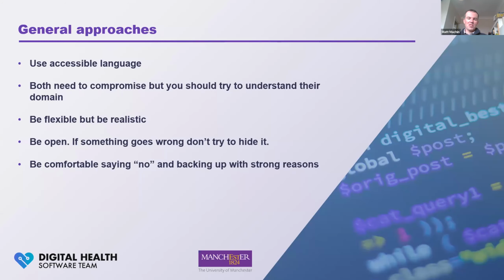Whilst the research team don't need to know every little detail of what's going on in the software development, if there's something serious, I would always tell them, because it's much better that they know early, and you can discuss as a team a way forward, rather than you hiding it for 6 months when they're about to go to the most critical part of the project, and then you say, oh no, actually this isn't ready.